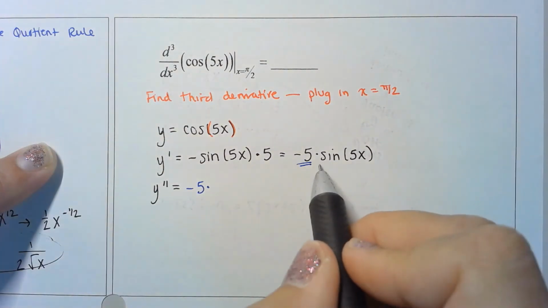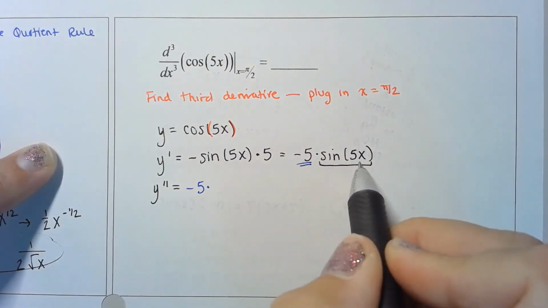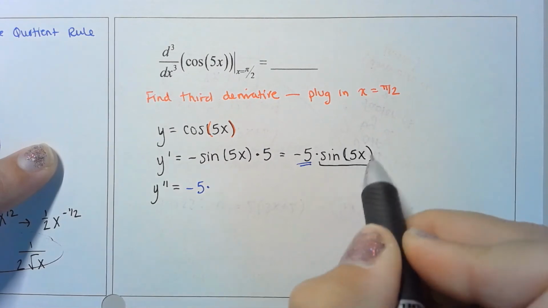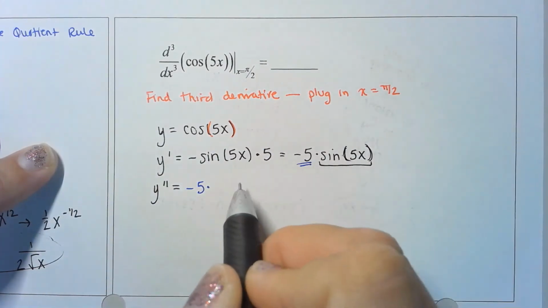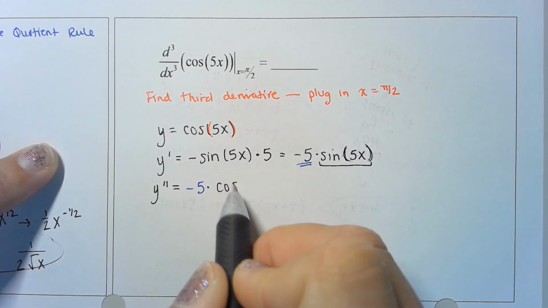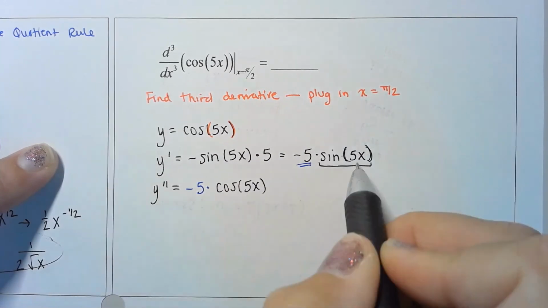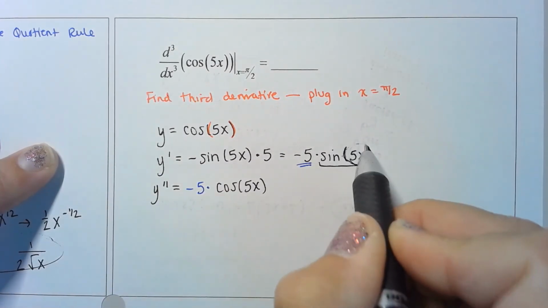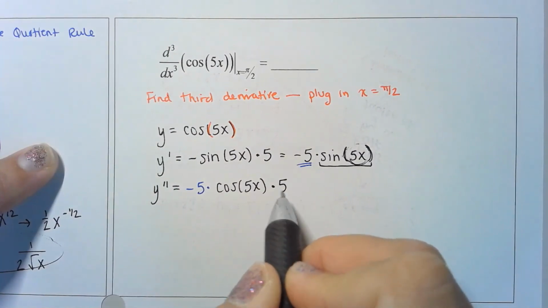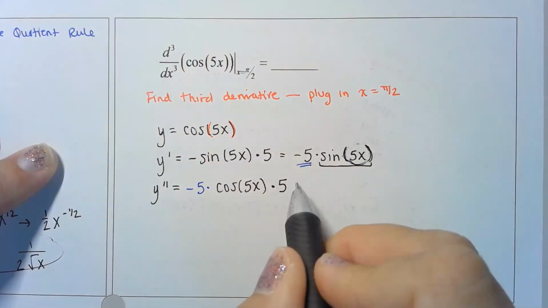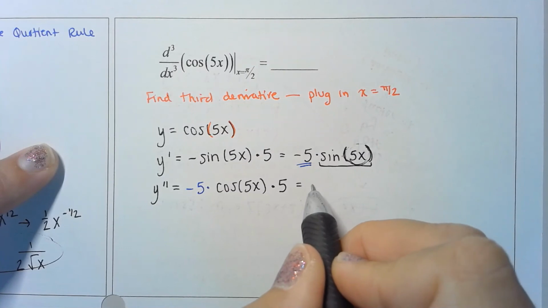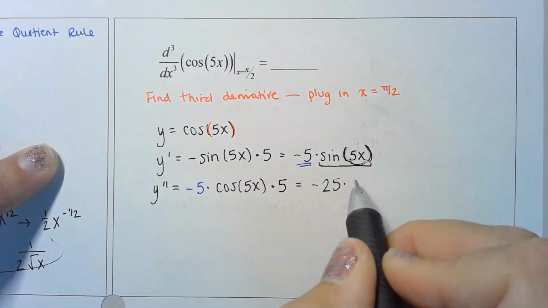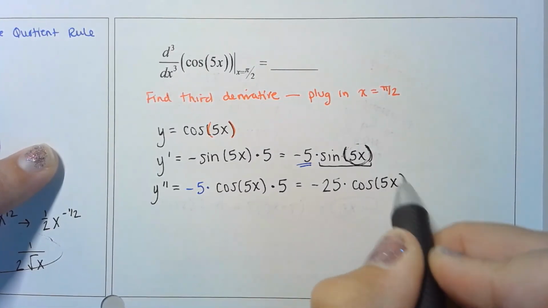And now I just need to take the derivative of the sine of 5x. Chain rule. The derivative of sine of 5x is cosine of 5x. Multiply by the derivative of the inside to get another 5. So now my second derivative is -25 times the cosine of 5x.